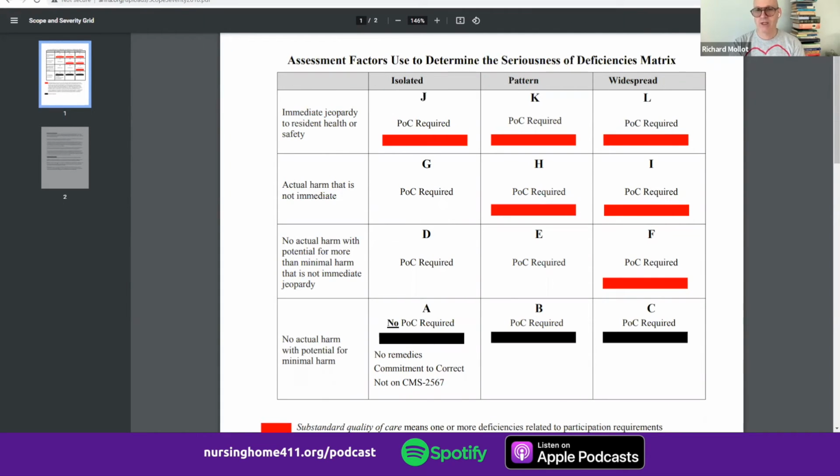Another really important point to make is that CMS also does not distinguish between people who have dementia or Alzheimer's or other forms of dementia and other residents.